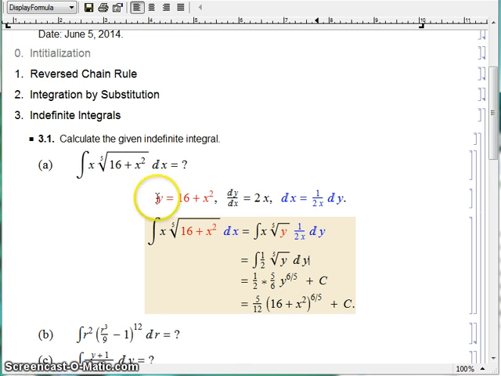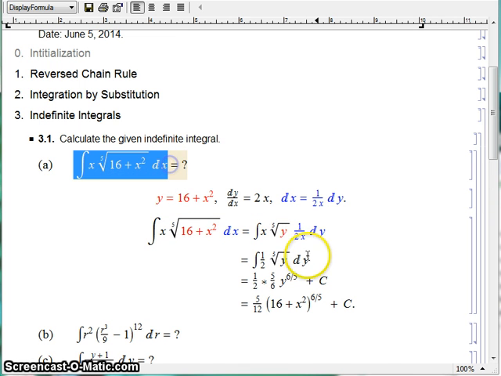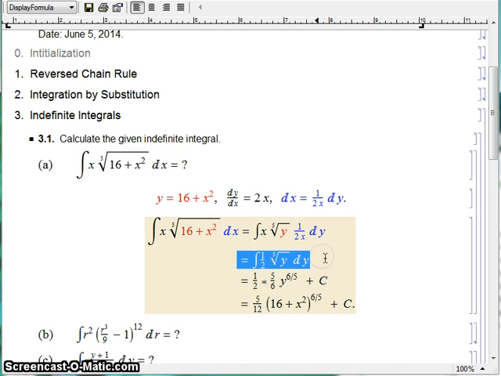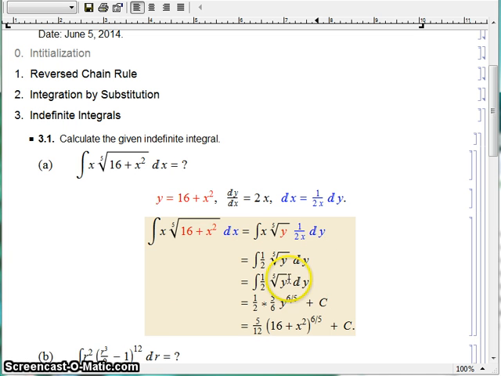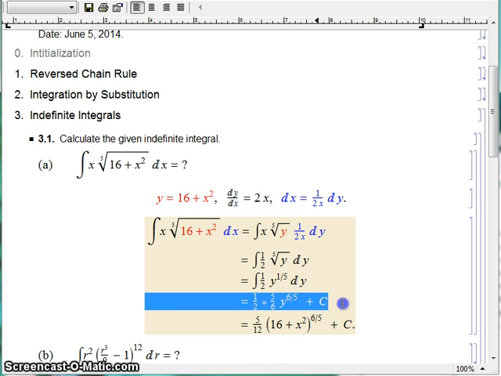And compared with the previous integral, this is a much easier integral. Just a power function. This fifth root of y is nothing more than y to the 1/5 power. So the power rule applies: increase the power by 1 and divide by the new power. And here we go. This is the correct antiderivative.